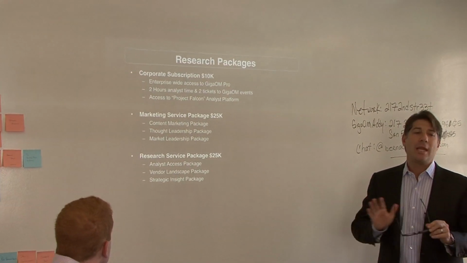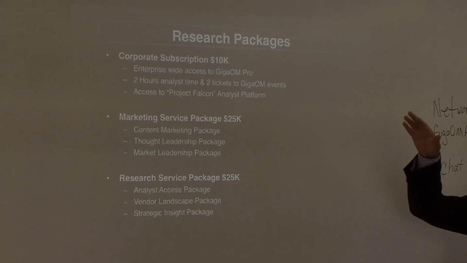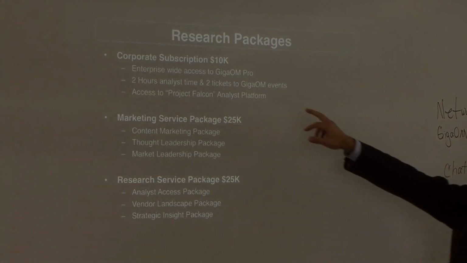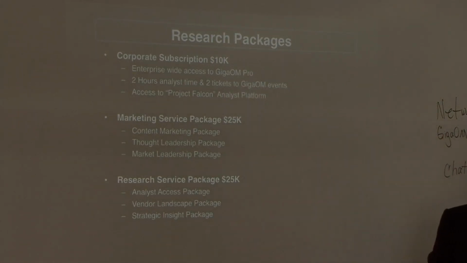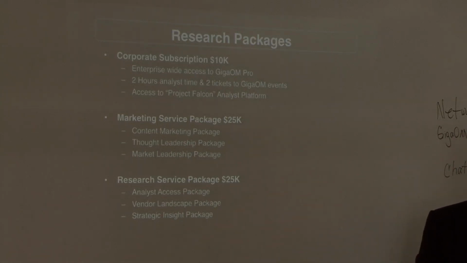Let's assume any enterprise client, think about it as a sushi menu of products. In order for you to buy anything, you have to buy a corporate subscription, right? For $10,000, you get enterprise-wide access for all your firm to GigaOM Pro, what you see online right now. You get 2 hours of analyst time, and you get access to our analyst platform, which is how you interact with analysts to ask them a question. That's for $10,000.